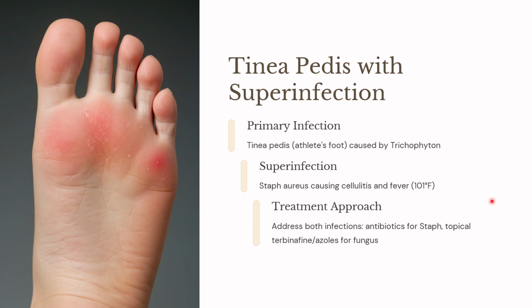Therefore, the causal organism for this patient is Staphylococcus aureus, causing cellulitis as well as fever. So what should the treatment be? You need to address both infections. An antibiotic should be given for Staphylococcus aureus and topical azoles should be given for the fungal infection.